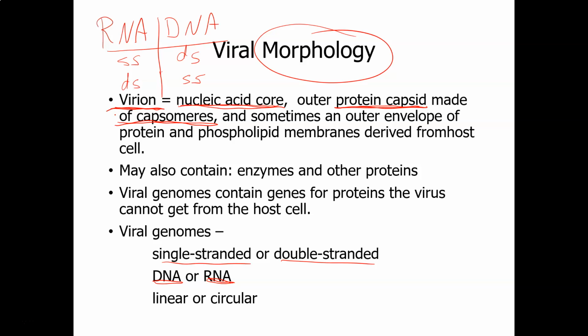And sometimes outside the protein capsid is an envelope, which is very similar to the phospholipid bilayer in eukaryotic and prokaryotic cells. It contains a phospholipid bilayer with proteins embedded. So, viruses may also contain enzymes, their own enzymes and other proteins.